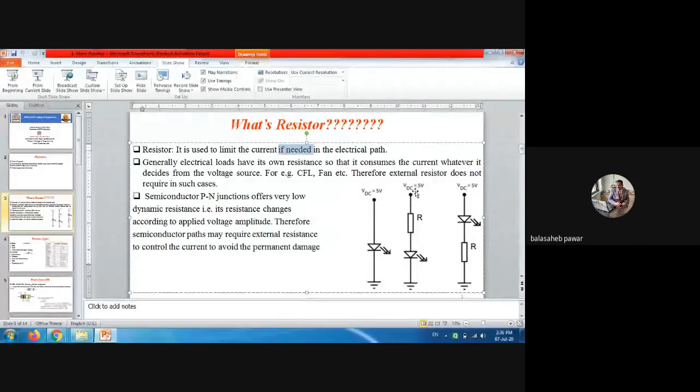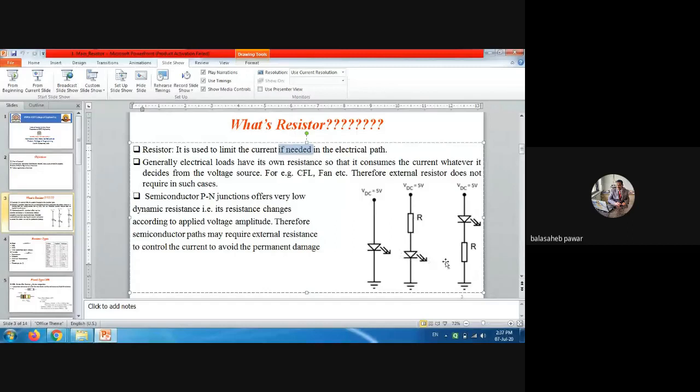This V_DC equals the drop across R, that is the current flowing through R times the resistance, I into R, plus the drop across the LED, which we consider as 2 volts.